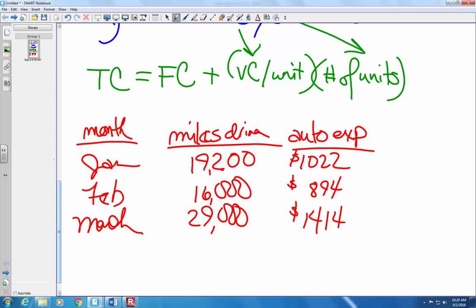Grab your calculators. Can you prove that it's not purely variable?